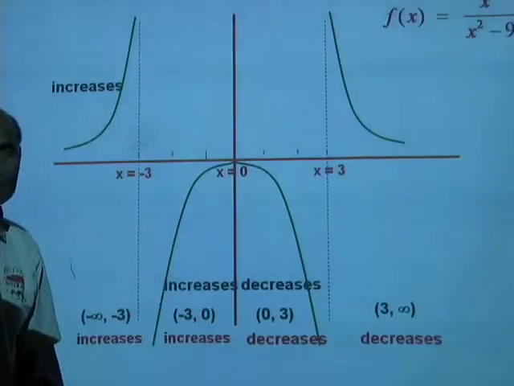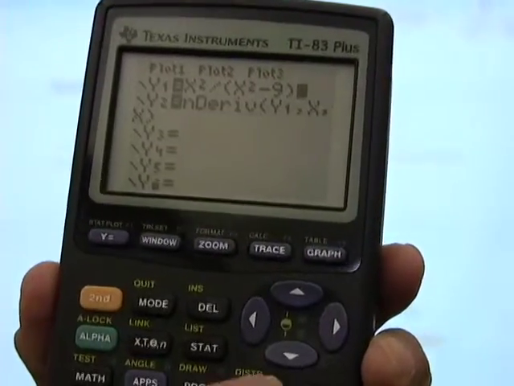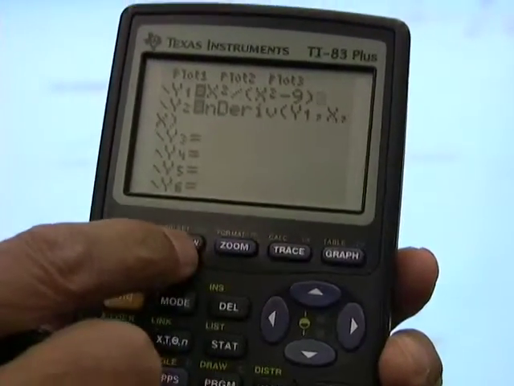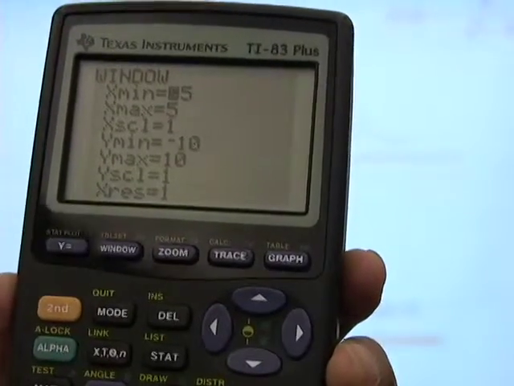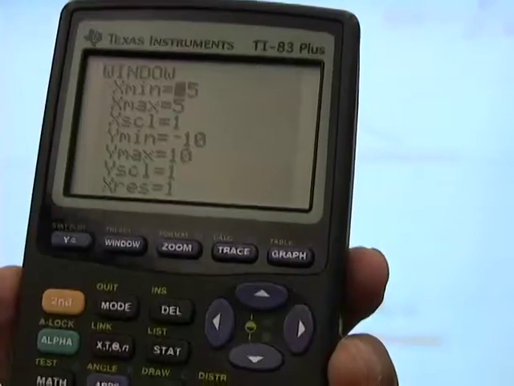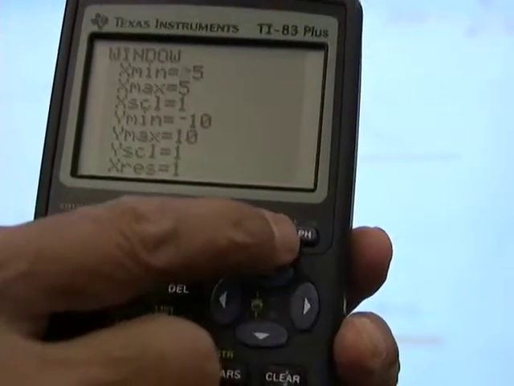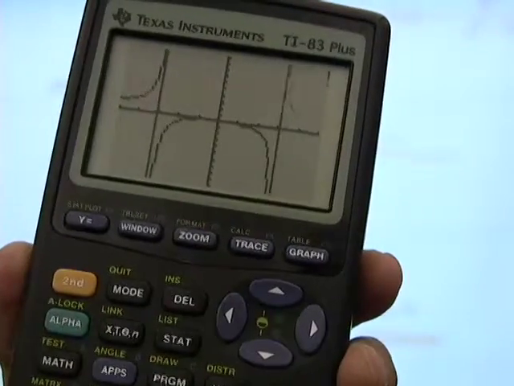To do this, you got to first set the window. So go to the window, and I have set it already: x equal to -5 to 5, y to -10 to 10, and press graph. And look at the way the graph is being constructed.